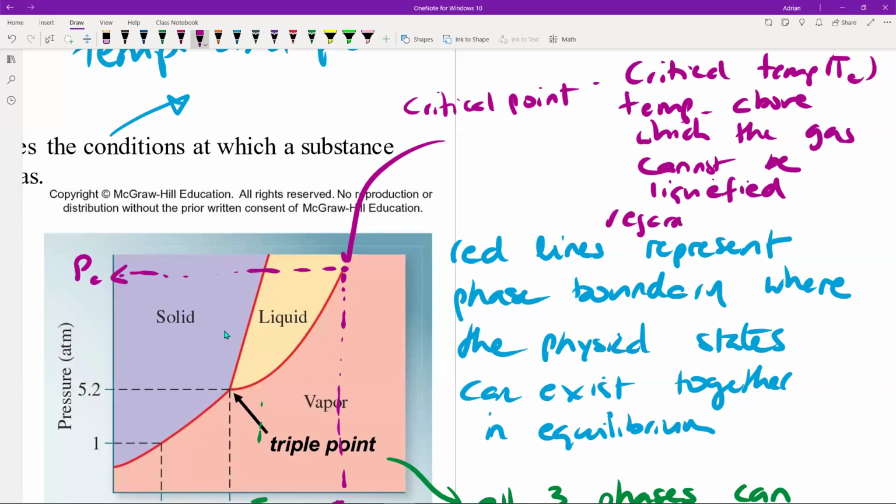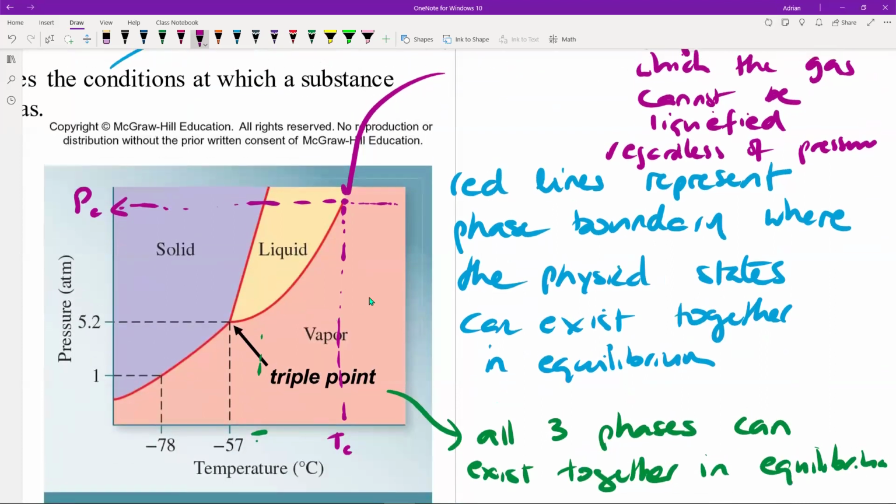So regardless of the pressure, right? If we increase the temperature, for example, from this point onwards, there is no way to get it back into the liquid phase or the liquid state.